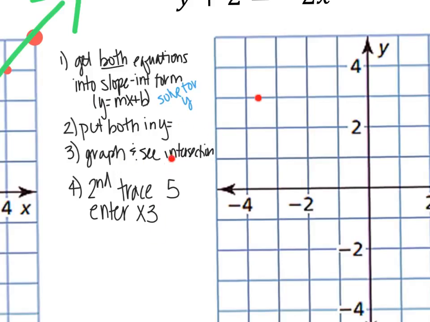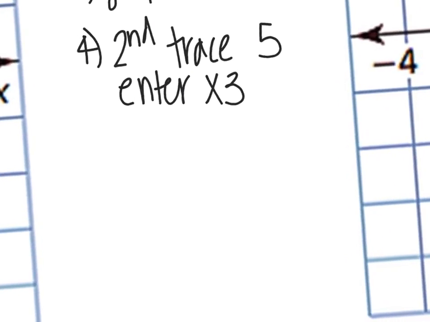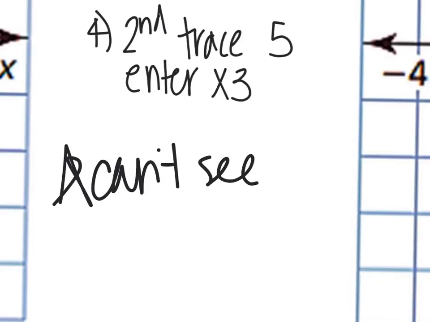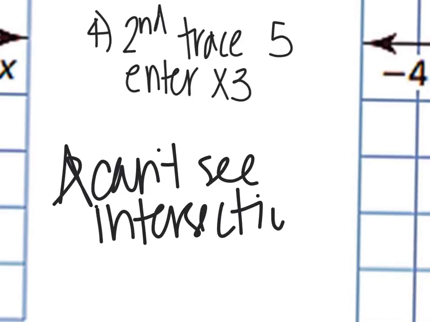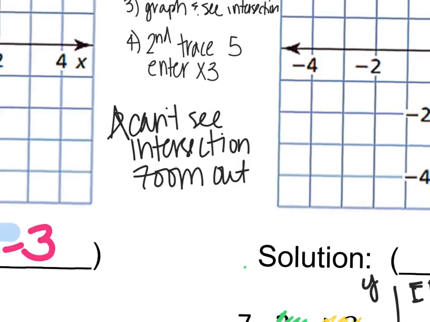So if you can't see the intersection, then what you need to do is you need to hit zoom out and then enter, okay? So if you can't see the intersection, then you need to zoom out. And make sure that once you hit zoom out and you go back to your graph, you have to hit enter again.